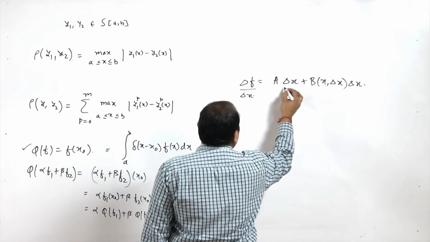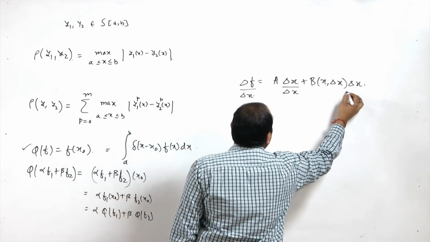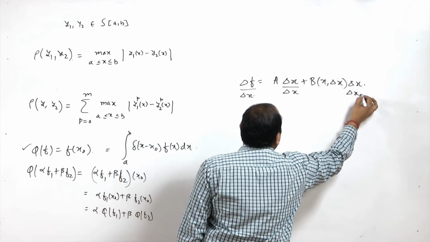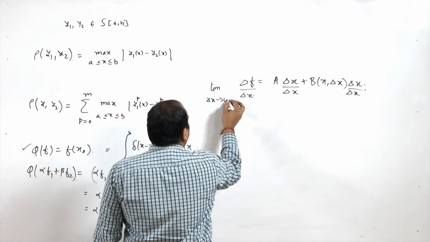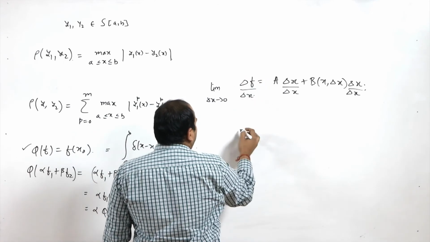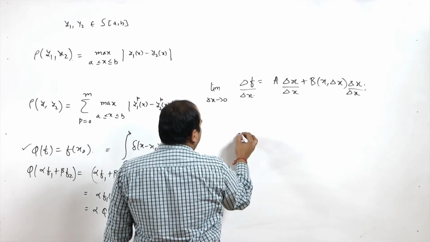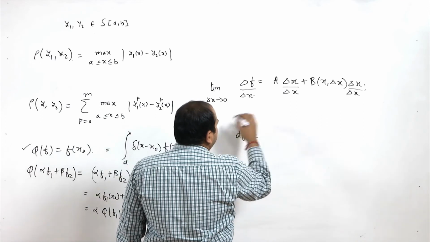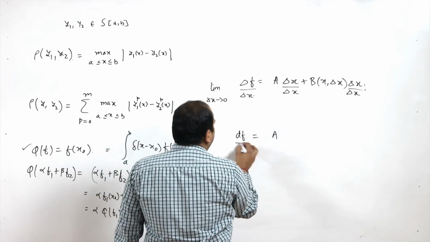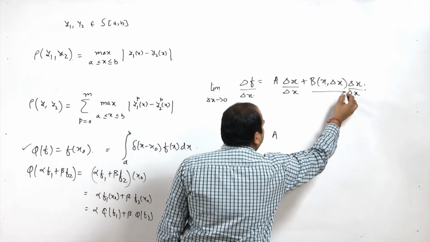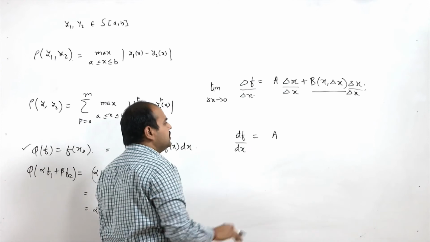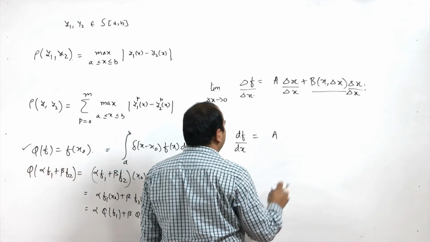If you divide by delta x here, that will be simply this, and then you take the limit delta x tending to 0, then this is denoted as df, and this is nothing but df by dx, and it is a, because this part simply vanishes, tending to 0 as limit delta x tending to 0.